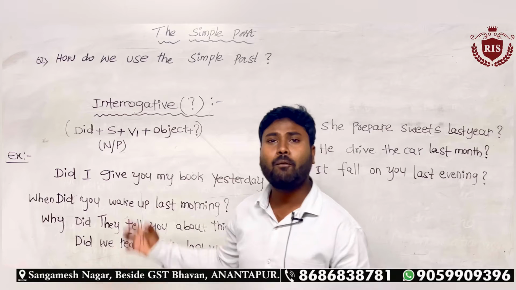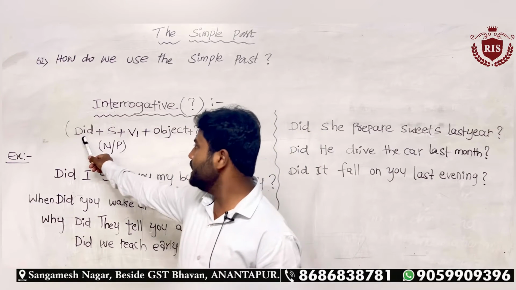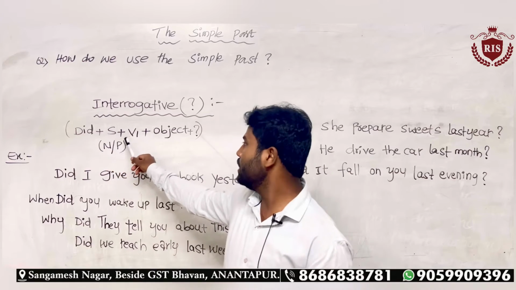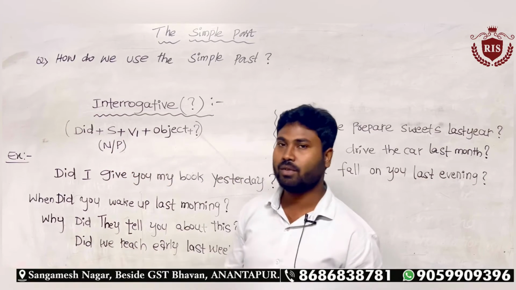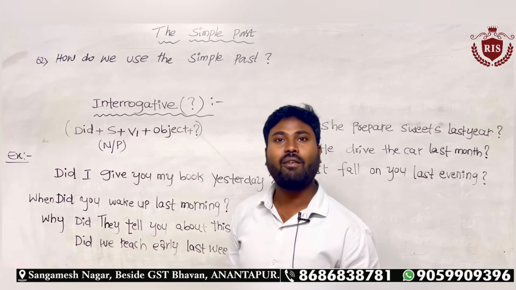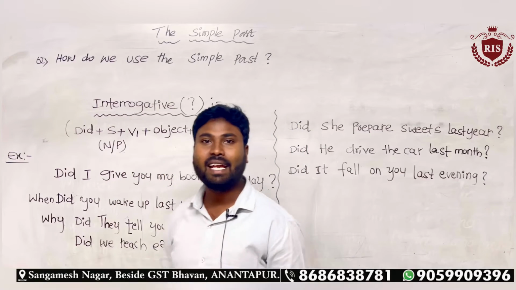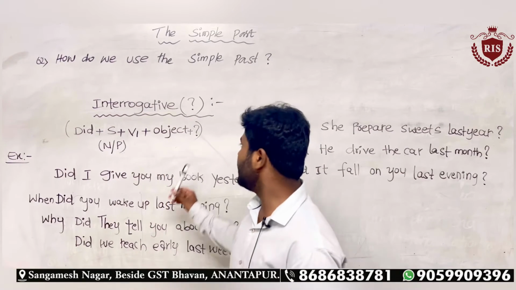So let us see what the formula is first. The formula is did plus subject plus V1 plus object. And also the question mark, we should not forget the question mark, because as it is a question, the question mark indicates the question, right?